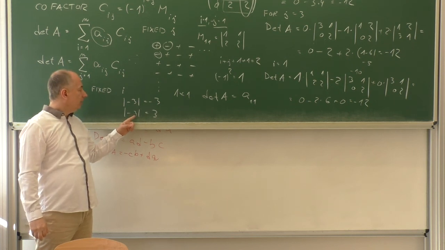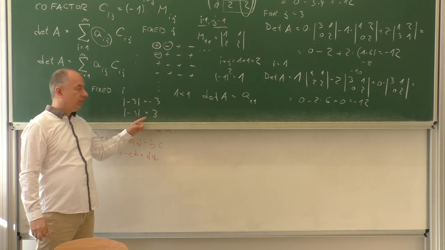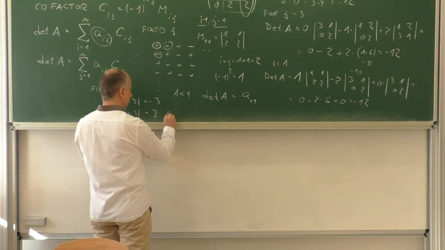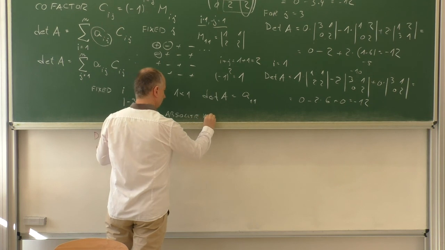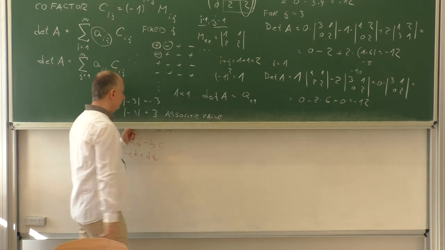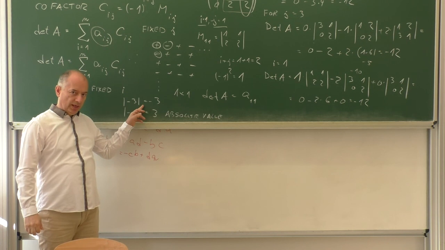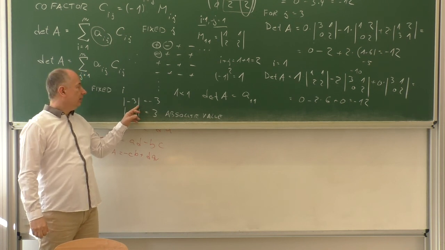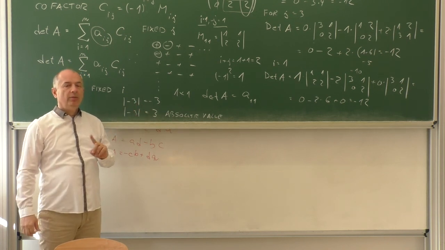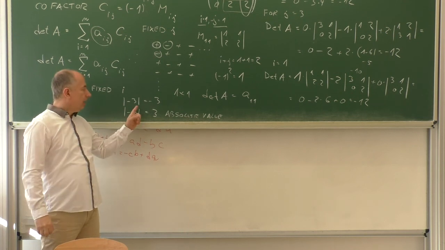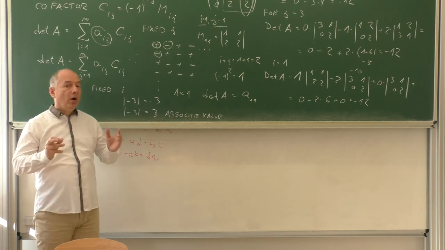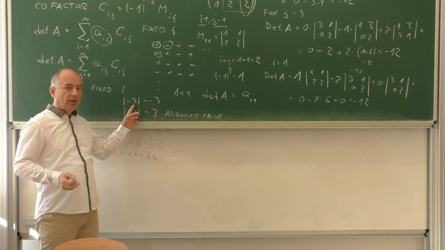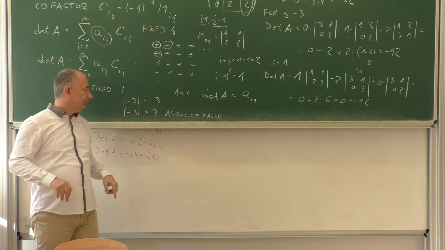Yes, the absolute value of a negative number is a positive number. Absolute value of minus 3 is plus 3. This is also correct, but this time the vertical bars do not mean absolute value, but rather they mean the determinant of the matrix. And this is a 1 by 1 matrix, and its determinant is the number itself.